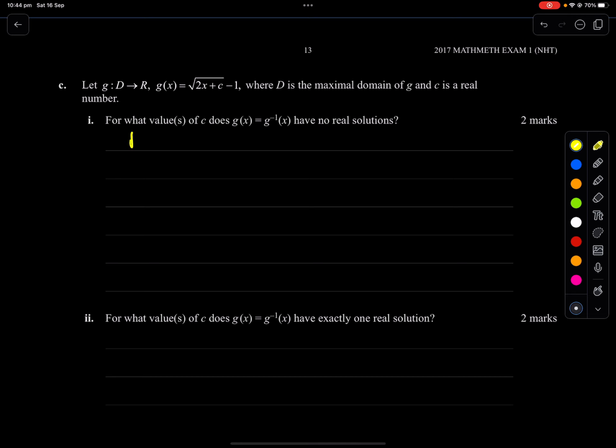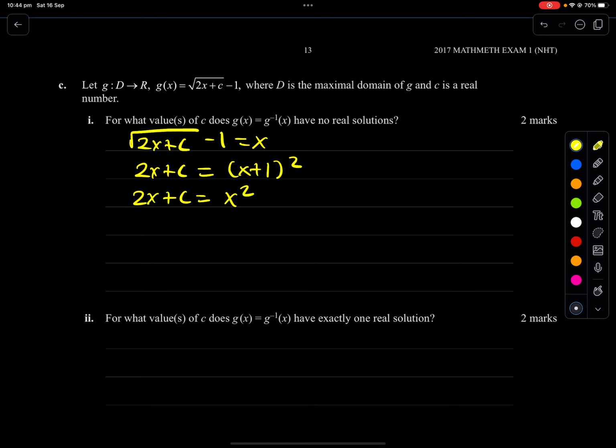So if I say this, 2x plus c minus 1 equals x. 2x plus c equals x plus 1 squared, 2x plus c equals x squared plus 2x plus 1, c must equal x squared plus 1.